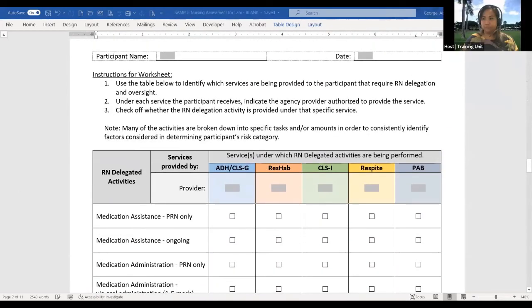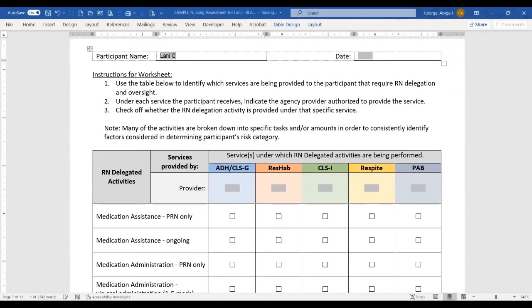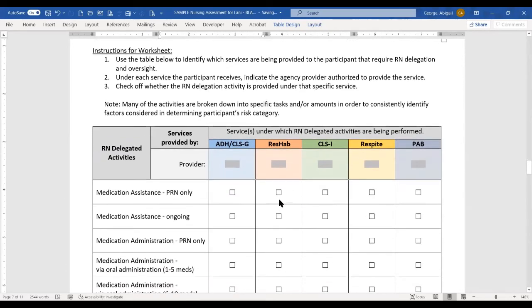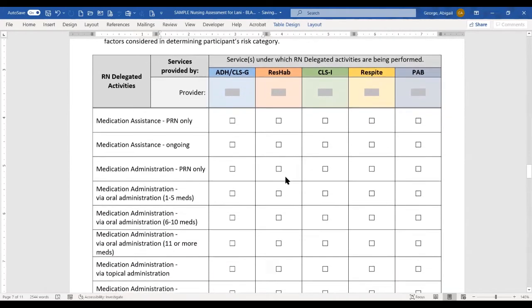What do I do? Okay, so when we're using worksheet A, we can run through it. What was the service that she's receiving this nursing task of medication administration, like CJ mentioned? Rehab. Exactly. So we'll put in that provider there.